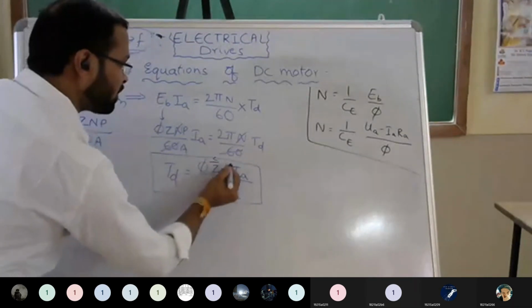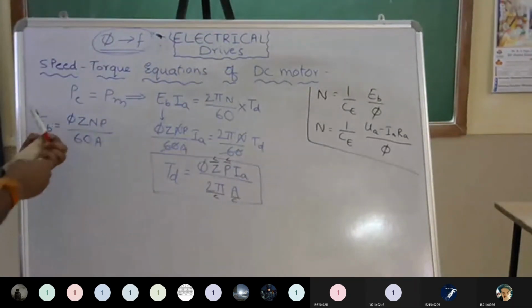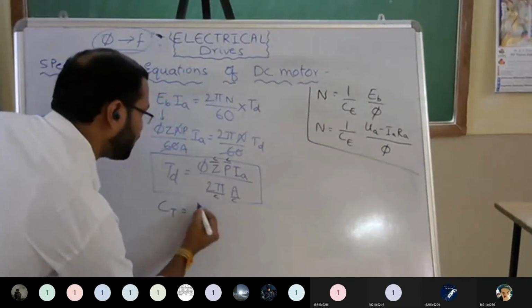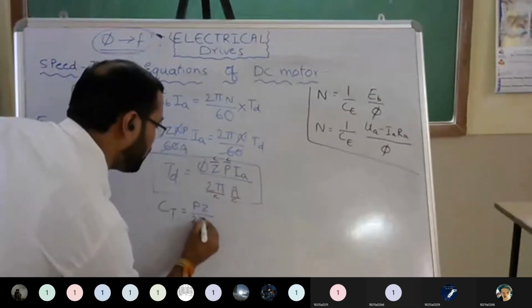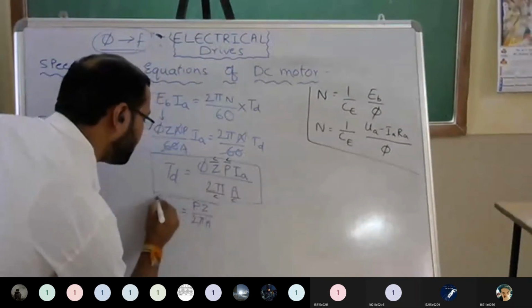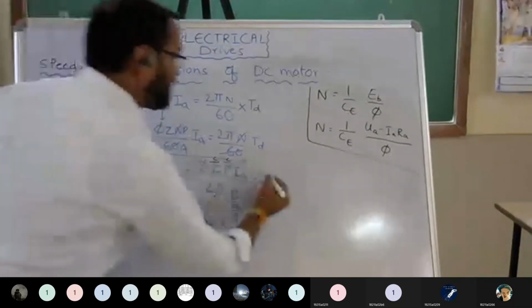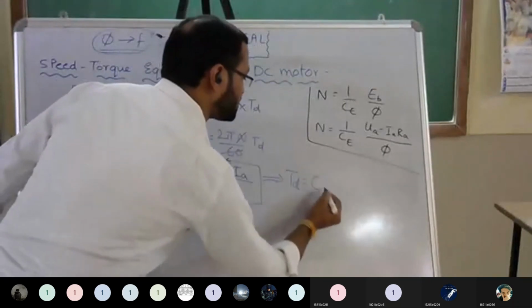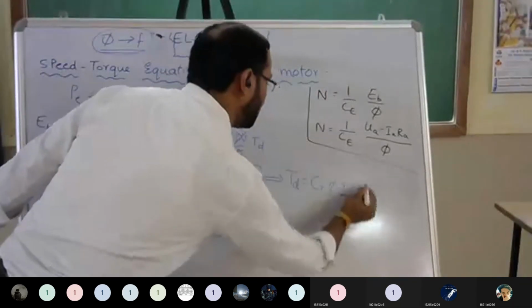All these constants I will write as the constant of torque, Ct, which is equal to P Z by 2 pi A. I'll substitute this. Then torque developed is equal to Ct into phi into IA.